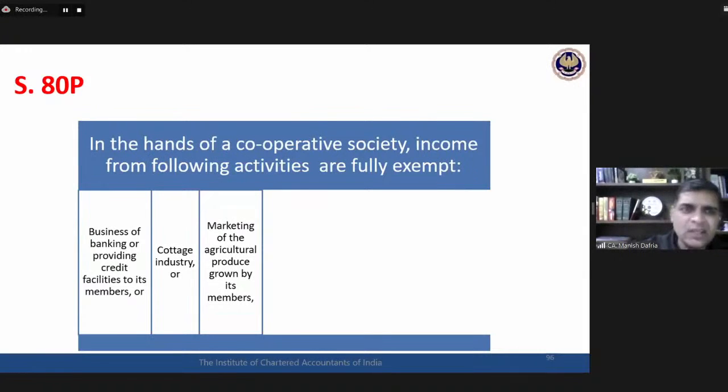What you are doing is providing credit facilities to the members. What is the modus operandi of this credit facility? What is the mechanism? I'm not interested. The law is not specifically talking about it. Law is saying if you are providing credit facility to the members, then the income is exempt. You may provide this credit facility in any manner. That is not relevant.